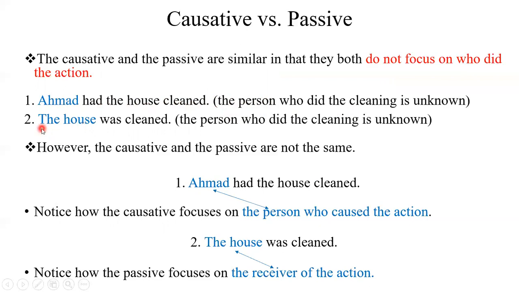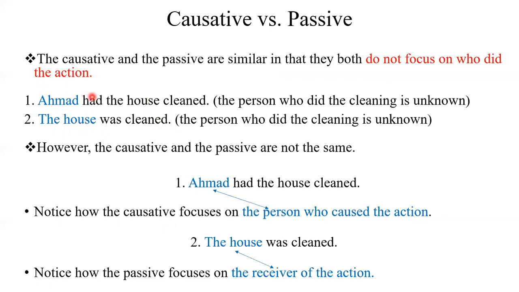Number 2 is a passive sentence. The house was cleaned. Again, the subject is not the doer, it's the receiver here. And where's the doer? The doer is unknown or unimportant. Again, I can say the house was cleaned by the lady. By the lady would be the doer. But whether I mention the doer or not, the doer is not the main focus of attention.